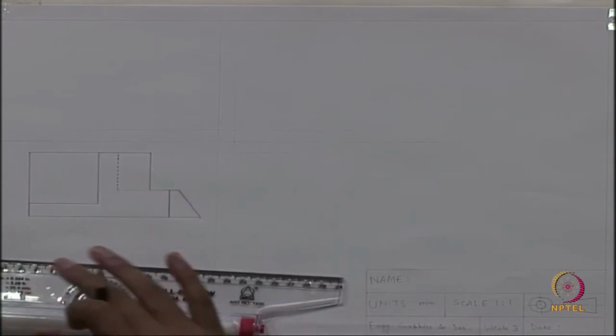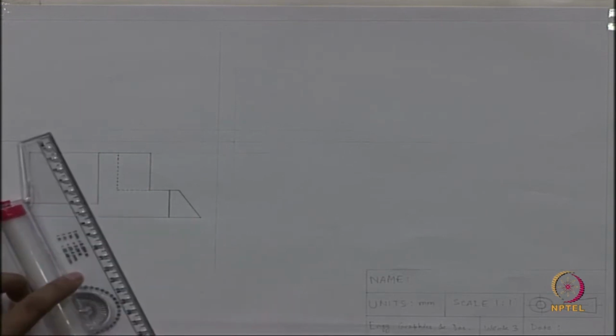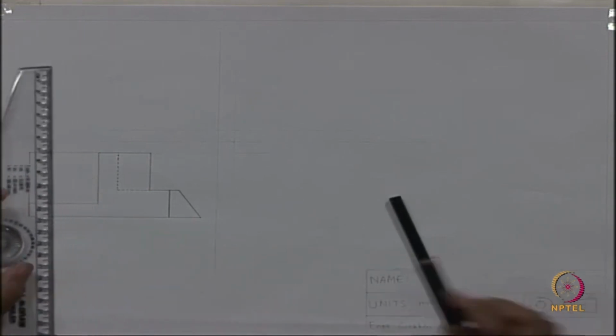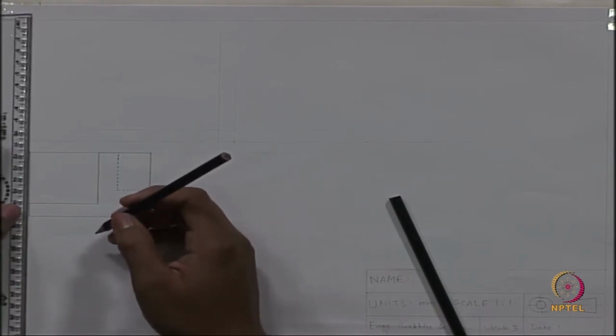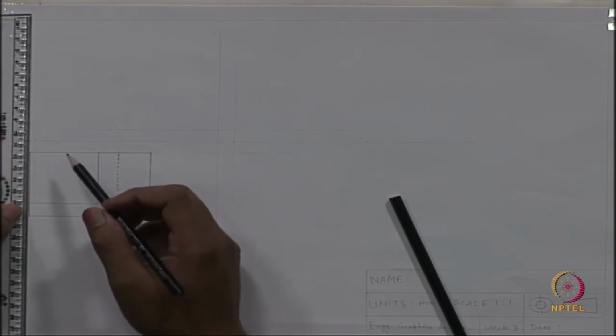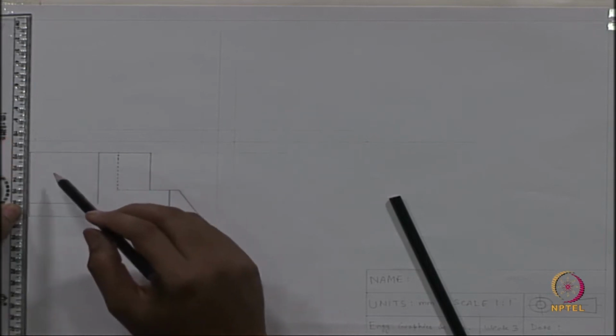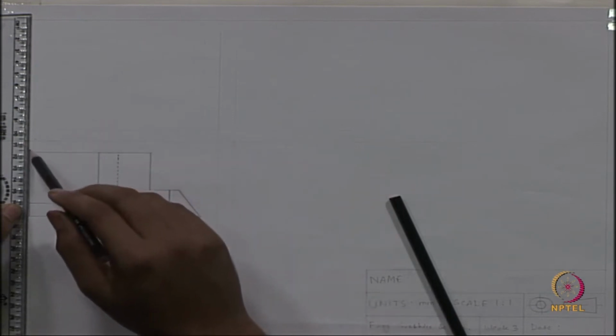So, our front view is done, and as we know the top view will be exactly on top of front view. So, what we can do, using the H pencil or light line construction pencil, we can simply extend the outline of front view, so that automatically the length of the front view will be captured in the top view as well.